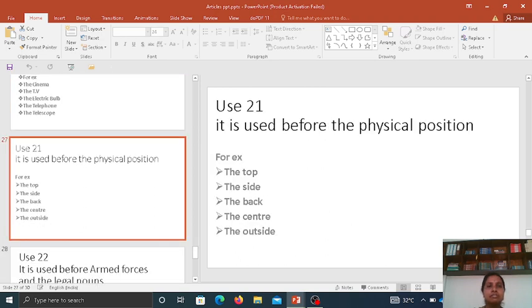Then use number 21 of the is used before the physical position. When we have to tell about the physical position, at that time we use the before that position. Some examples given here: the top, the side, the back, the center, the outside.